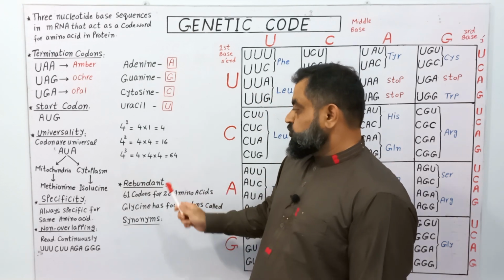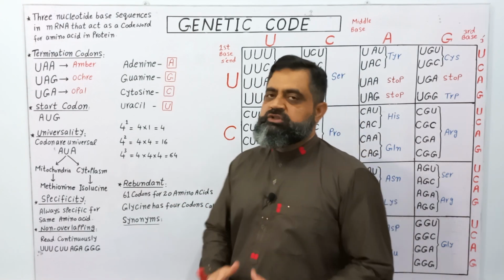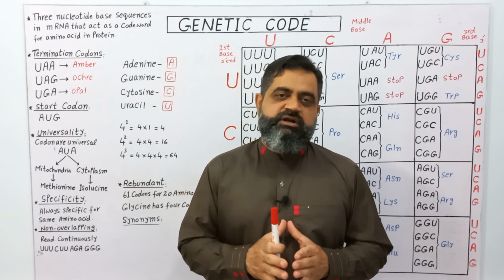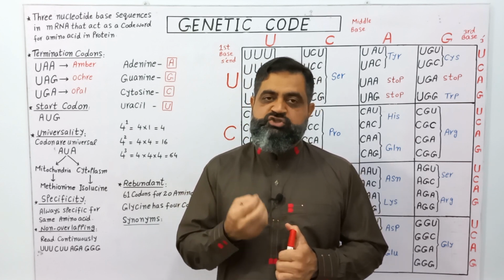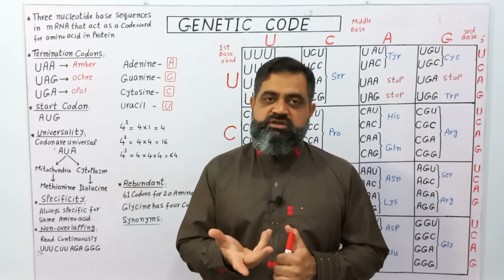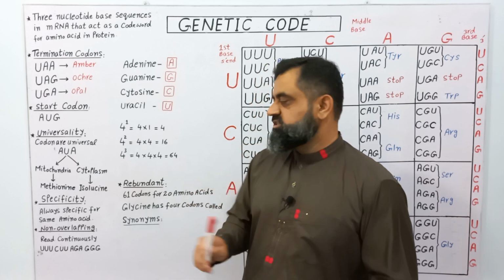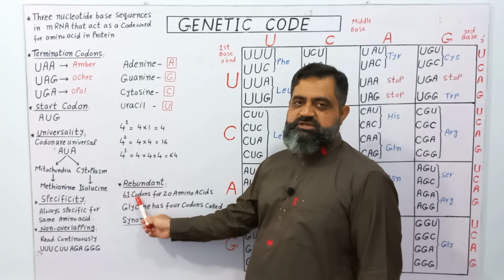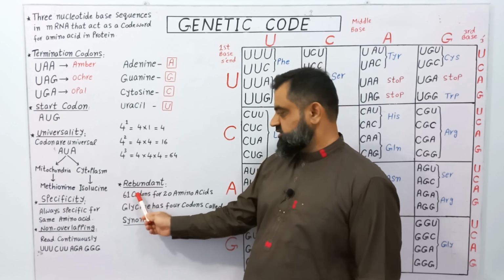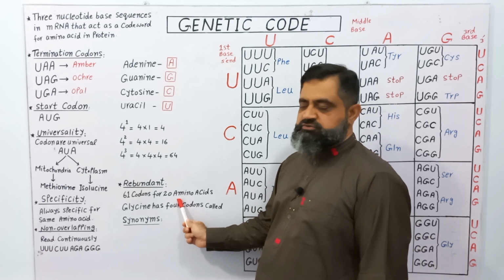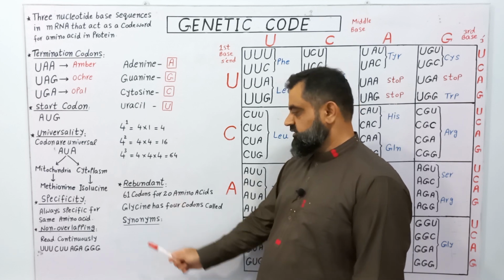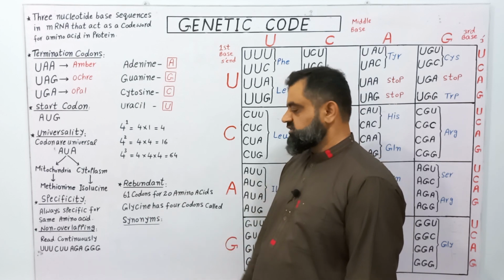Genetic codes are also redundant. As you know, there are 64 codons, but out of 64 codons, 3 are nonsense codons, stop codons, termination codons. So there are only 61 codons left which represent particular amino acids. So 61 codons are used for 20 different types of amino acids in our body. For example, glycine has 4 codons.